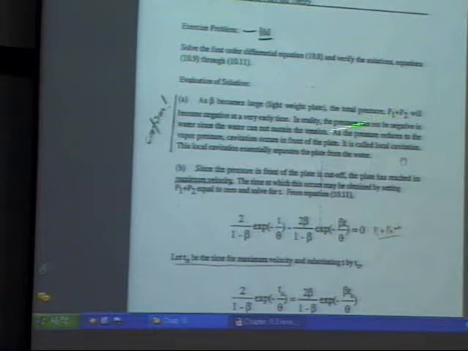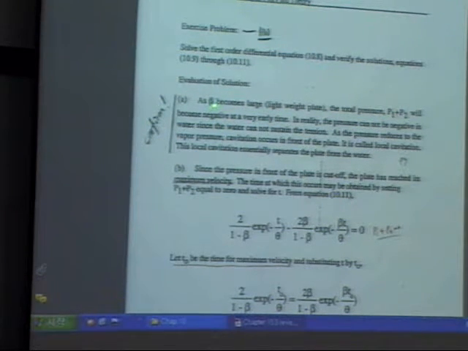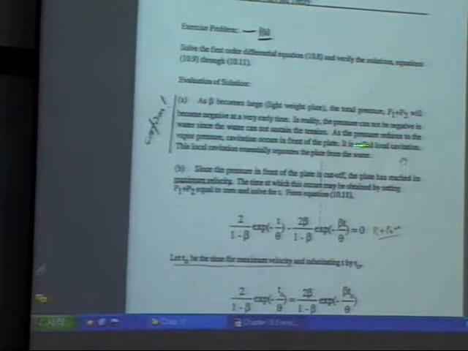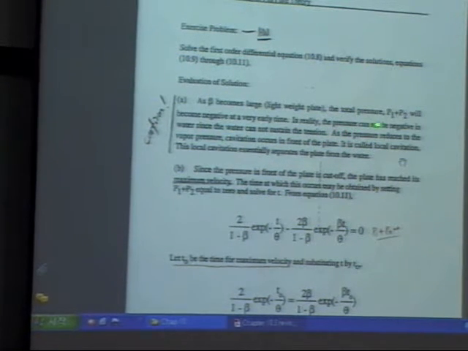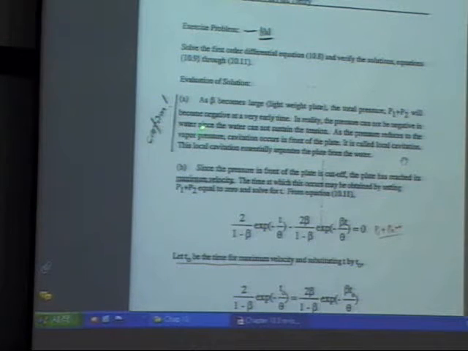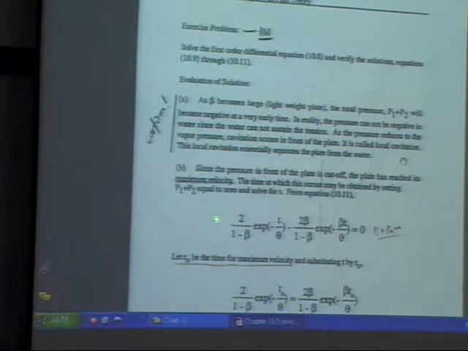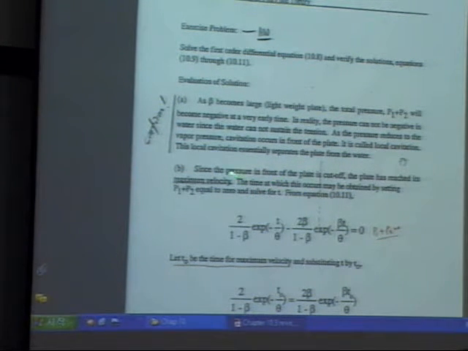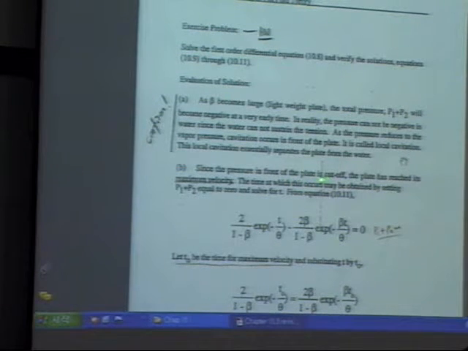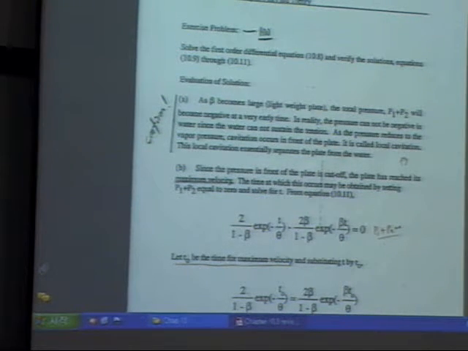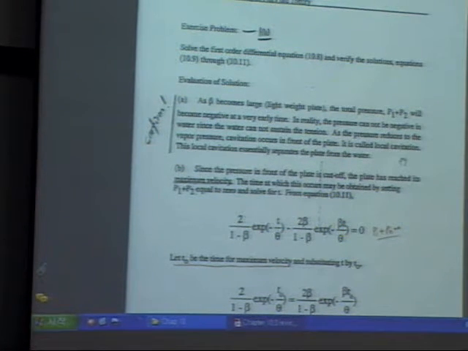When beta is very large, pressure P1 plus P2 becomes negative, which means cavitation occurs. And pressure in front of the plate is cut off when P1 plus P2 is max, because cavitation occurs right there.